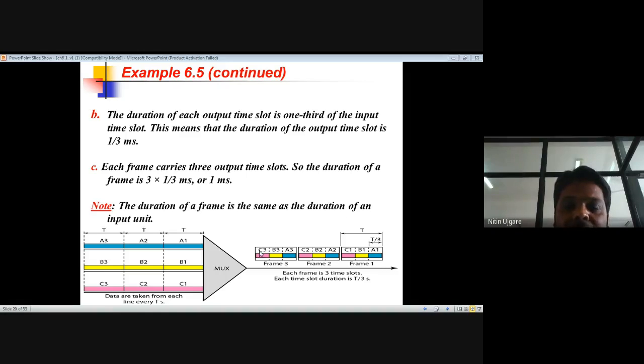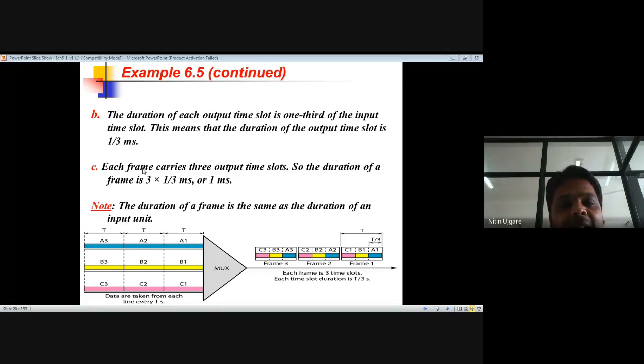So one time frame can be transmitted in 0.33 milliseconds. That is 1/3 of the input time slot. So we got the output time slot duration. That means one time frame can be sent in 0.33 milliseconds. Not at the rate, but the time.